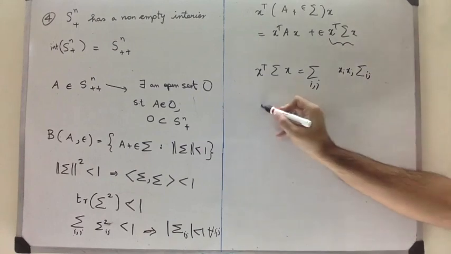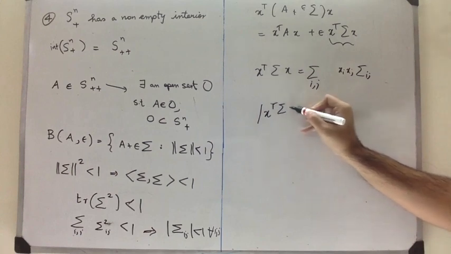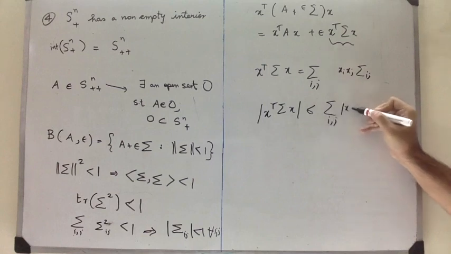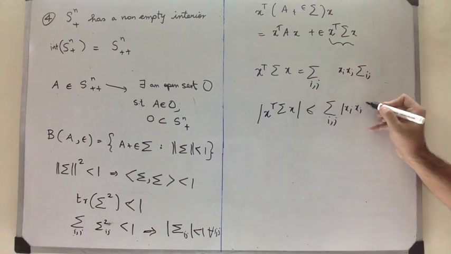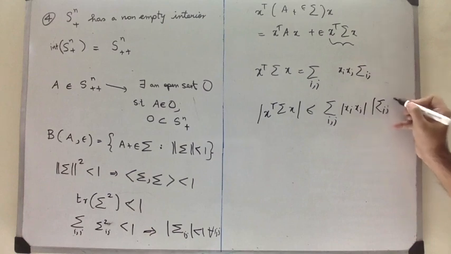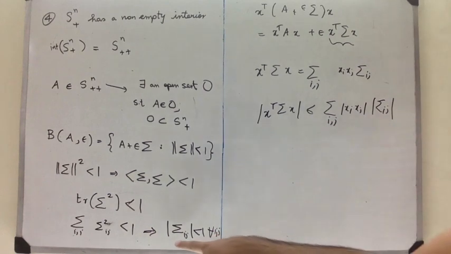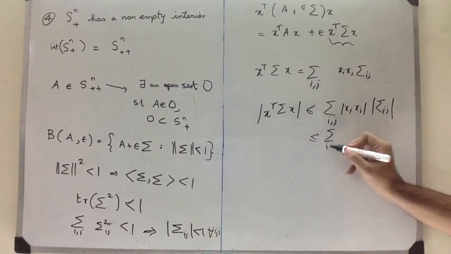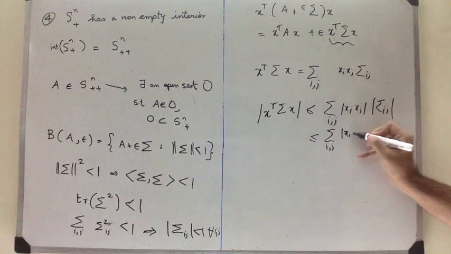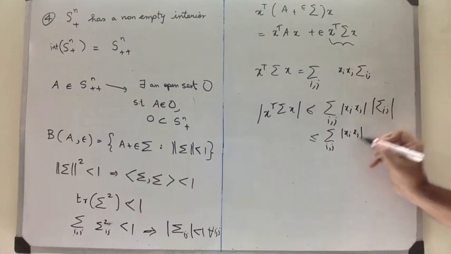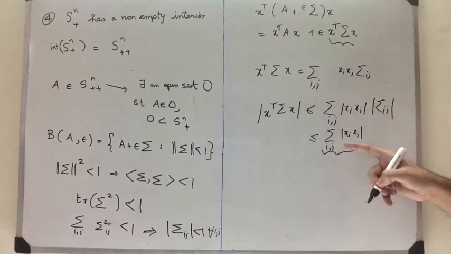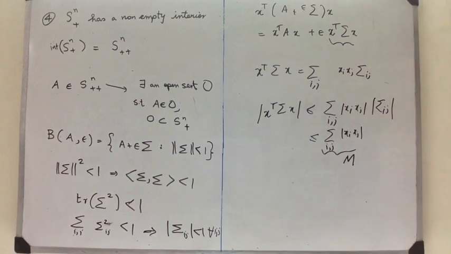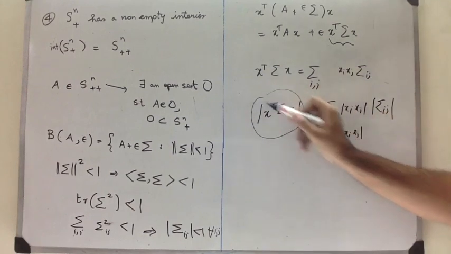So the modulus of X transpose sigma X must be less than or equal to the sum of mod xi xj mod sigma ij. We now use the property that mod sigma ij is less than 1. So this is less than or equal to the sum over ij of mod xi xj. This is some bounded quantity because it's a sum over finite quantities. Let us call this quantity capital M. So the modulus of this quantity is at most capital M.